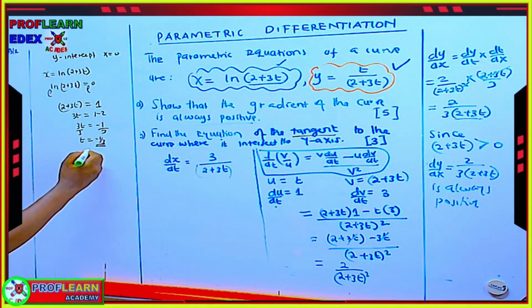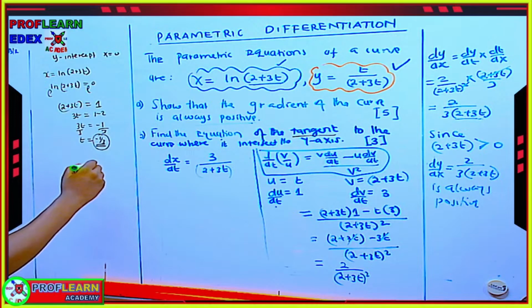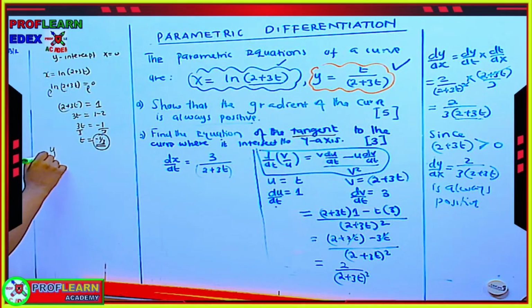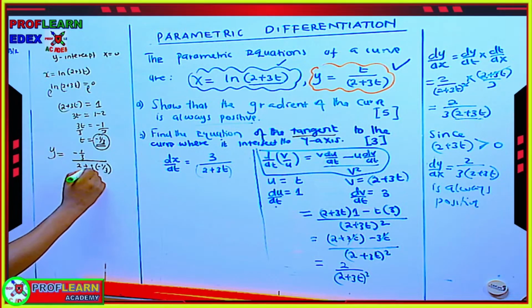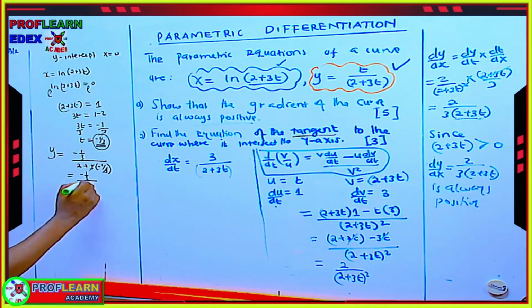Of course, we are going to check what's the value of y when t is negative 1 over 3. So that will be y is equal to 1 over 3 over 2 plus 3 into negative 1 over 3. This is going to be 2 minus 1, which is 1, so y is 1 over 3.